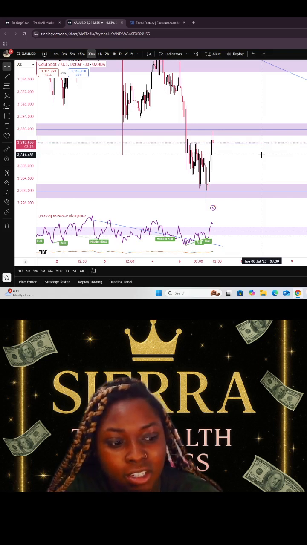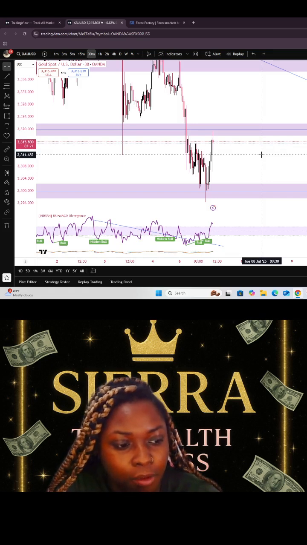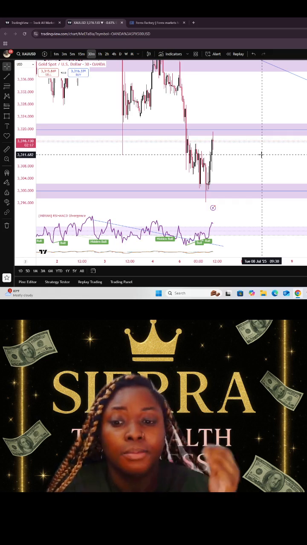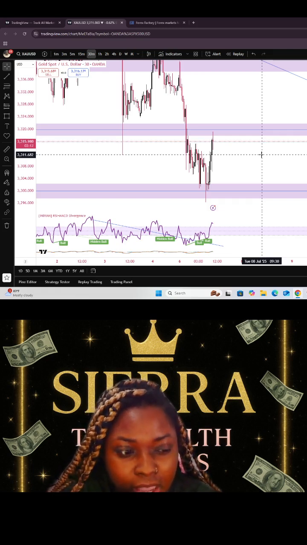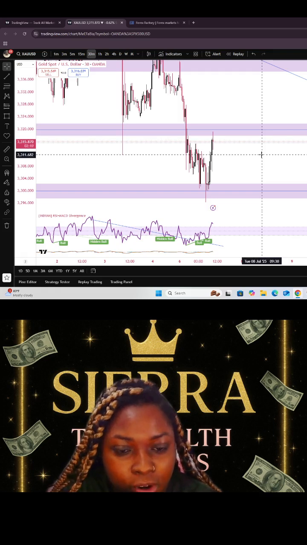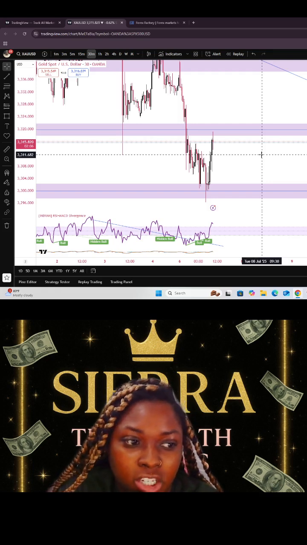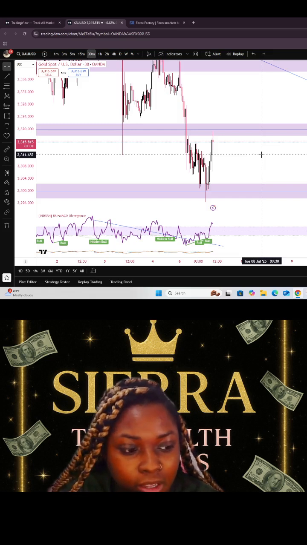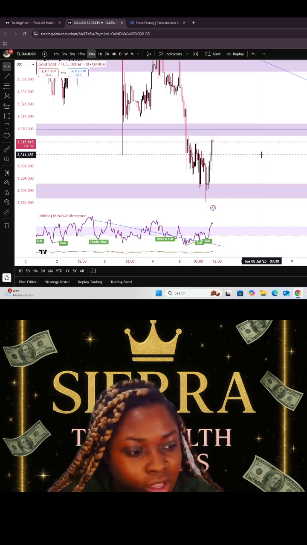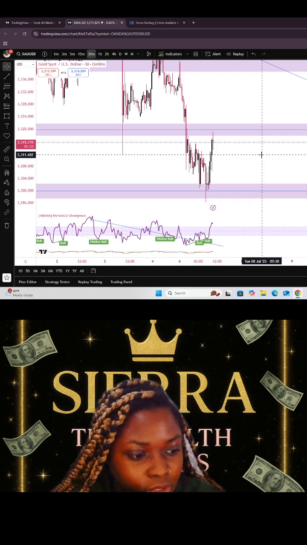If they actually took the time to sit down and look at their bank statement and see how much they spent on prop firms trying to pass the challenge, versus if they'd just taken that money and deposited it into their live account and saved up, they could have had a two, three, $4,000 live account. A lot of people spend a lot of money on these prop firms.